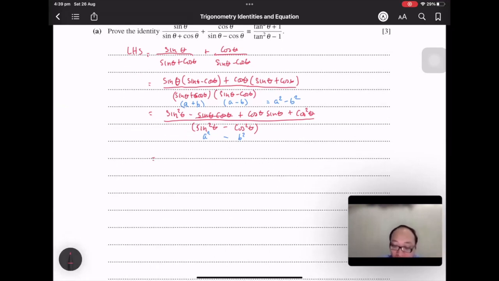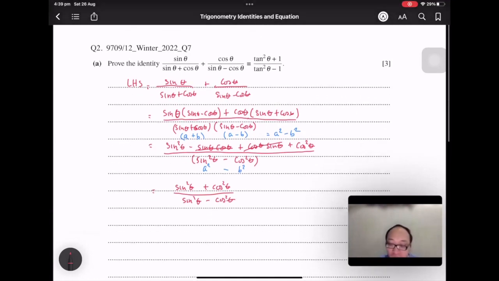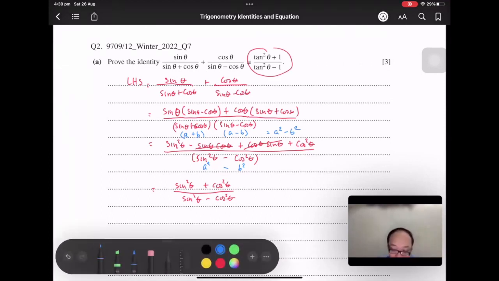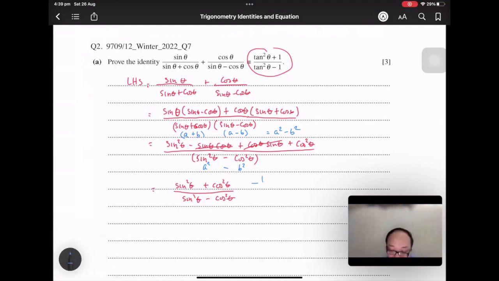I can cancel the middle terms, so I have sin square theta plus cos square theta over sin square theta minus cos square theta. If we check, the right side should be tangent square plus 1 and tangent square minus 1. So I can divide both numerator and denominator by cos square theta.